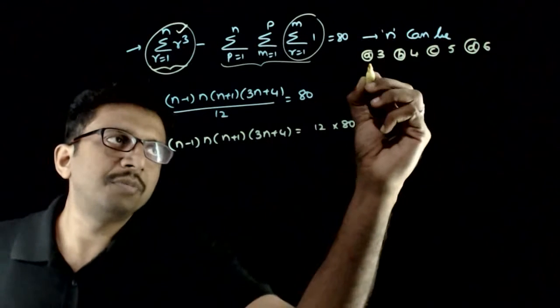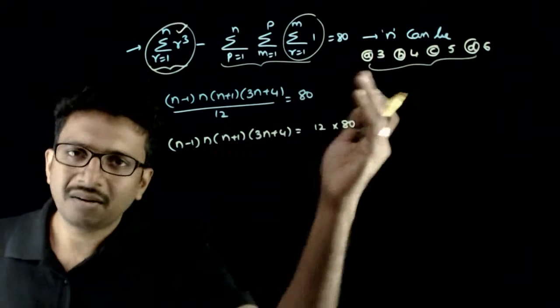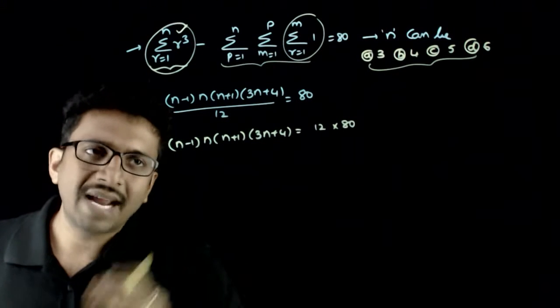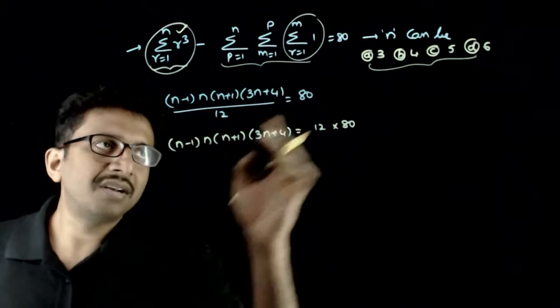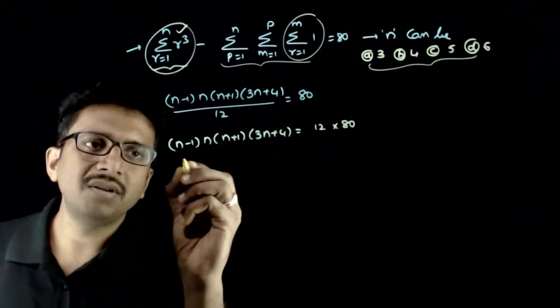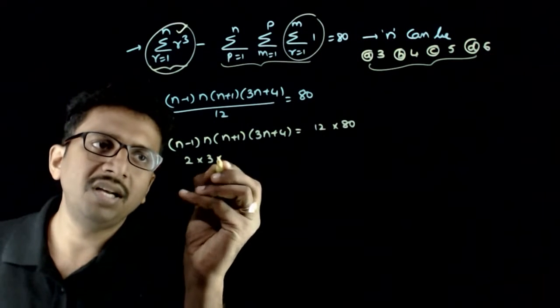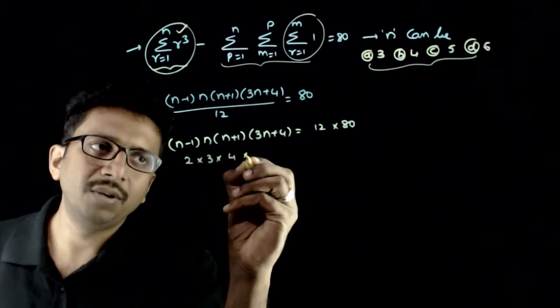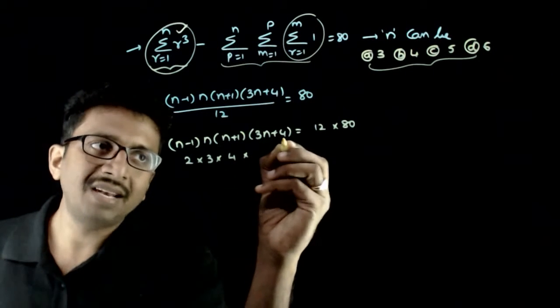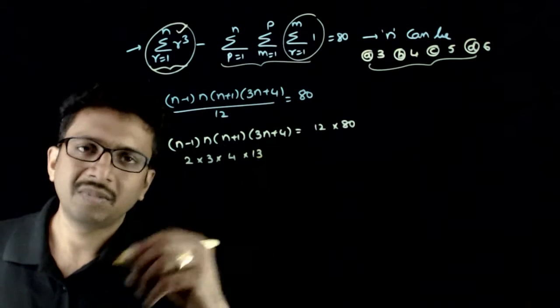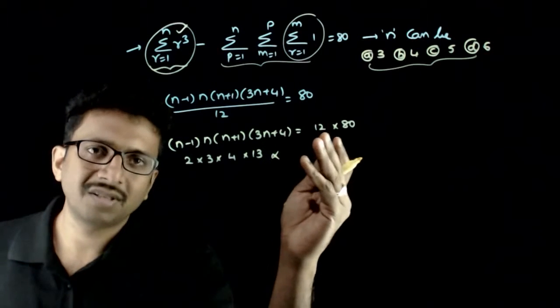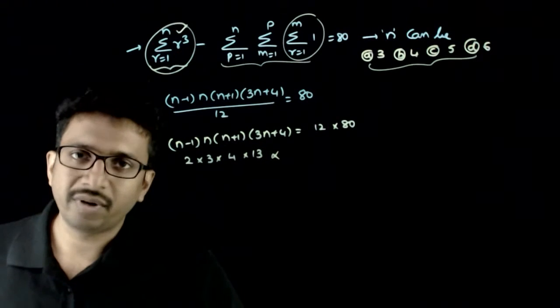So we have 4 options. We just need to check which of these options satisfy this equation. Let us try with 3. If n is equal to 3, this becomes 2 into 3 into 4 into 3 into 3 plus 4, which is 13. So obviously this is not the right answer because 13 is not a factor of 12 or 80.